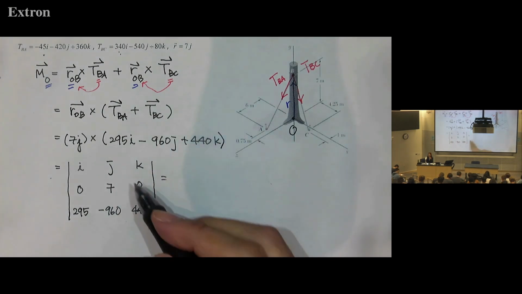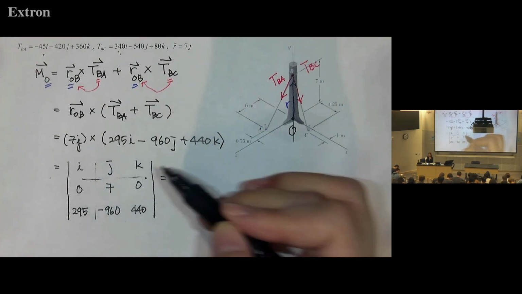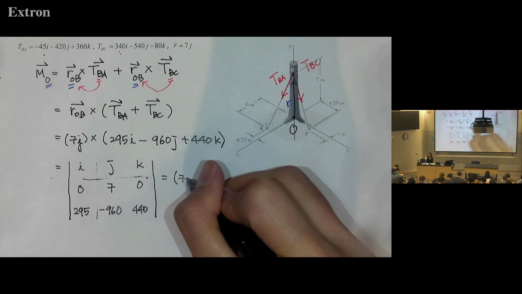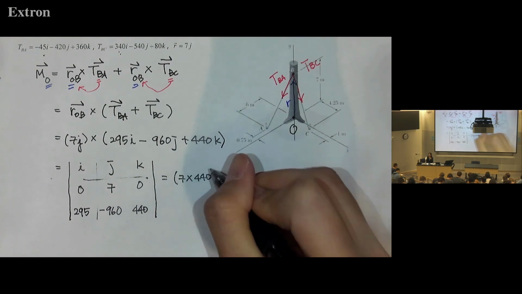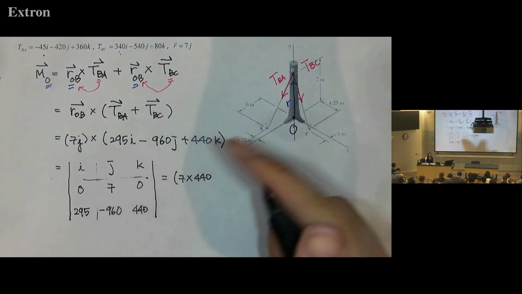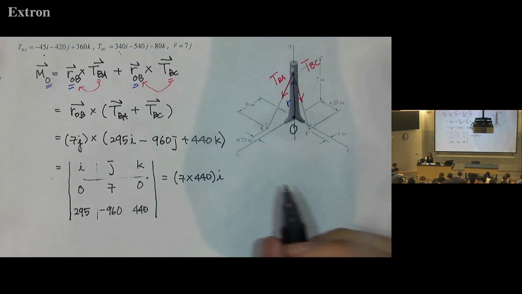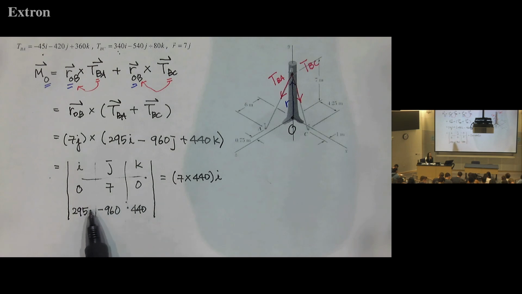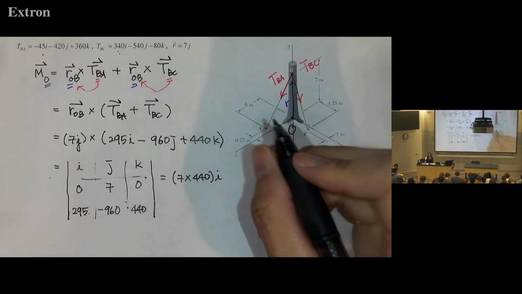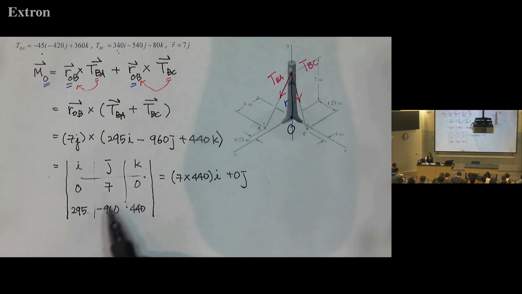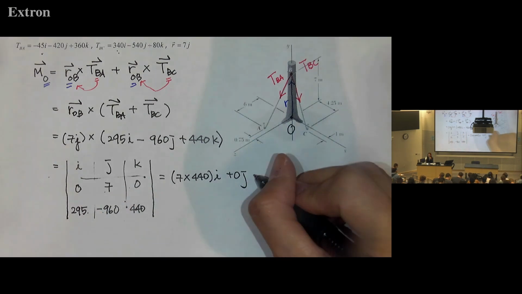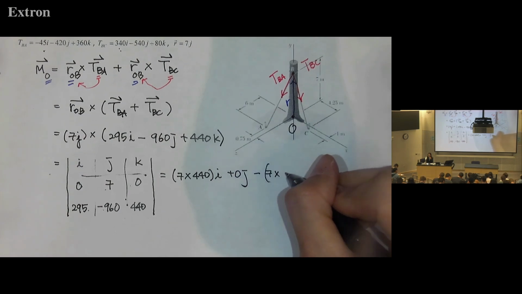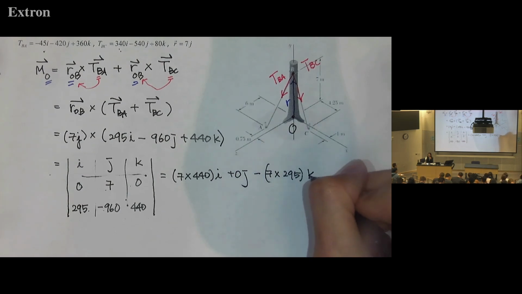For the i component, we have 7 times 440 minus 0, so i. For the j component, 0 minus 0, so 0. For the k component, this is 0 minus 7 times 295, so minus 7 times 295k.